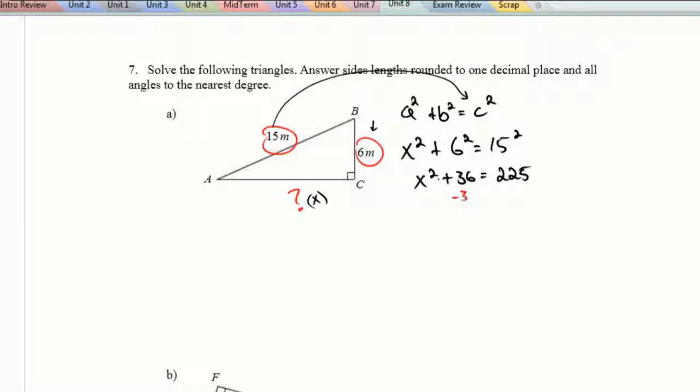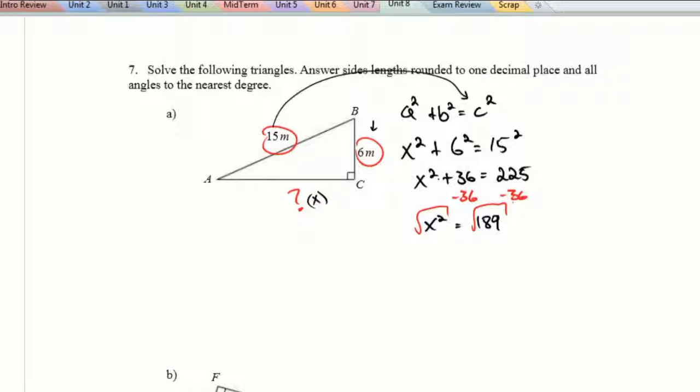I'm going to subtract 36 on both sides. And I end up with x squared as 189. I need to figure out what just x is, so I take the square root of both sides. Square root of 189.